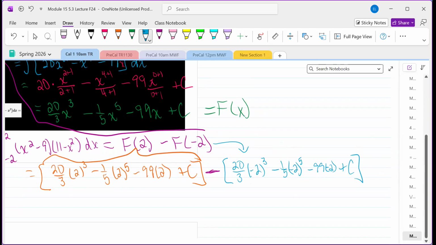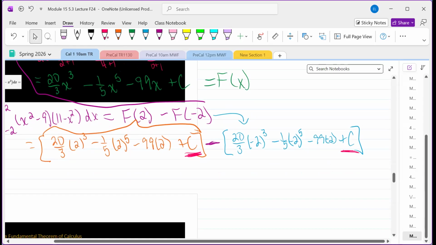So this whole thing is going to be some big ugly number. But that c that I had, that arbitrary constant, I end up subtracting off, because I had c from the first one minus the c in the second one. It's the same c. So when we're doing a definite integral, the arbitrary constant actually gets canceled out. So we usually don't even bother writing it because it always gets canceled out in a definite integral. So all I have to do now is just do the calculation.